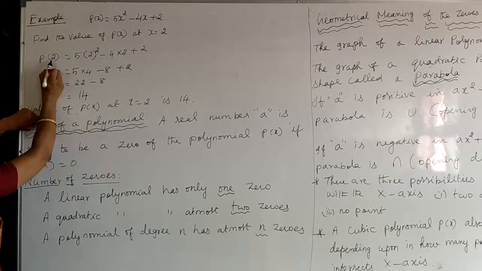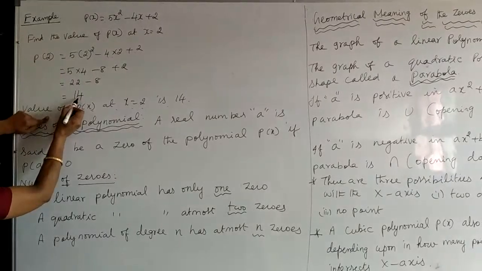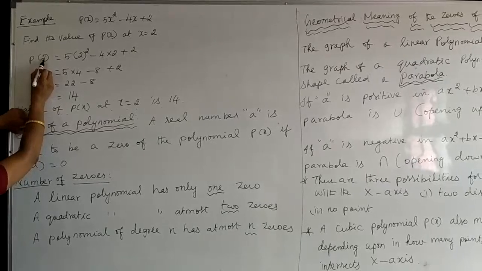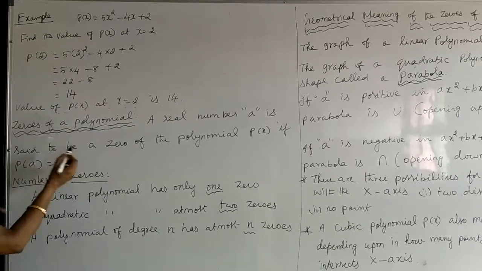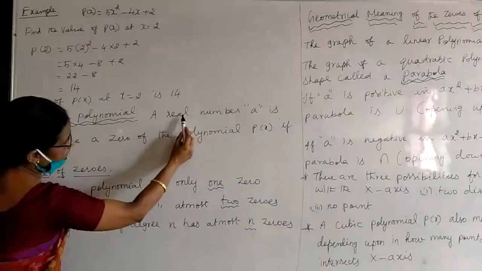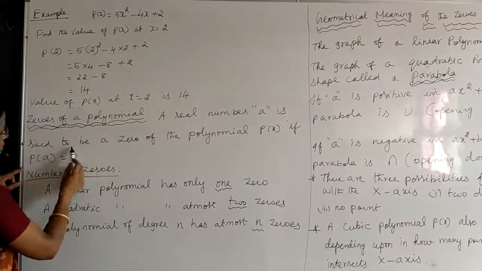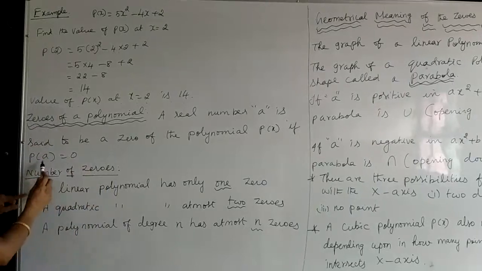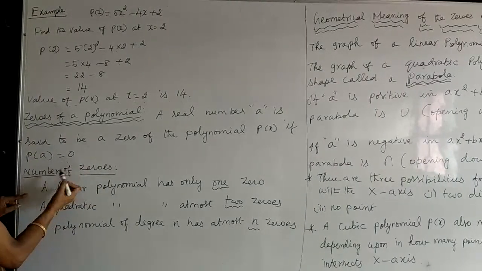Therefore, the remainder should be 0, then this value is called zero of the given polynomial. So I read again, a real number a is said to be a zero of the polynomial P(x) if P(a) equal to 0.